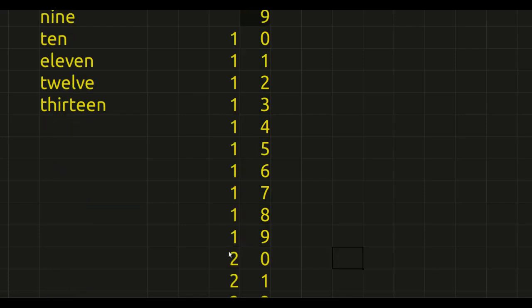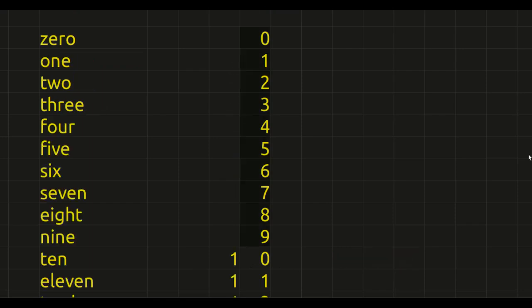Now let us focus on this number. When we change the second digit from 1 to 2, first we have found out that the second digit represents how many tens we have. So here in this number we have 2 tens. By using multiplication we get 2 times 10 is equal to 20, and that is how this number 20 is formed.